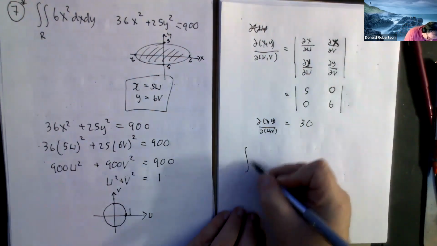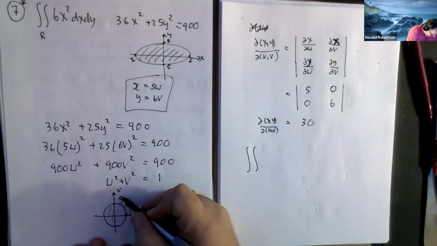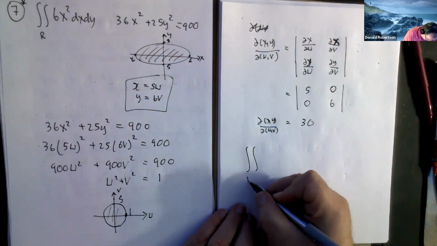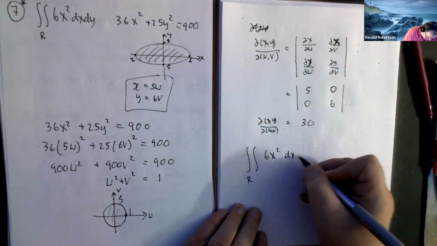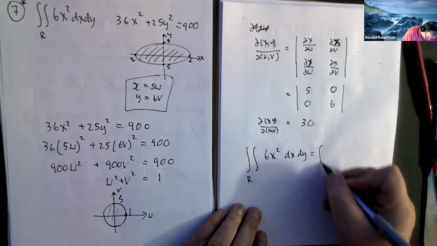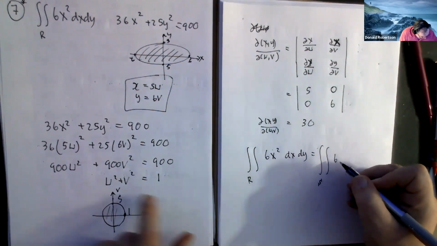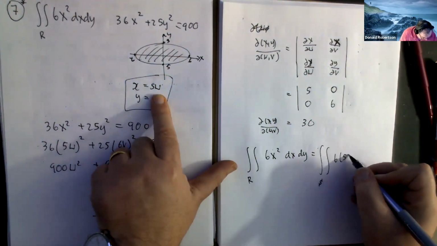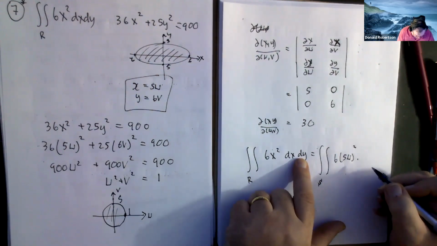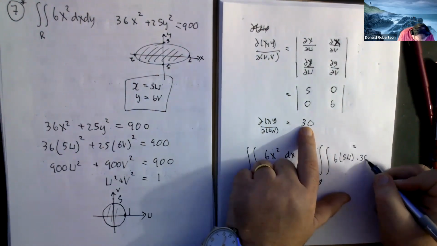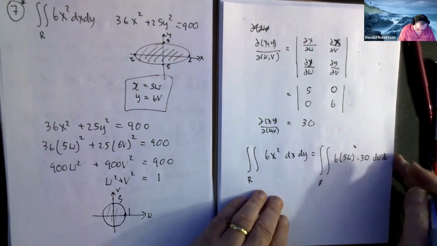So my integral right now is going to be over a new region, this region here, which I'm going to call S. So the double integral of 6x squared dx dy is going to be a double integral over the region S. 6x gets replaced by 5u squared. The dx dy gets replaced by the Jacobian, and now it's going to be du dv.